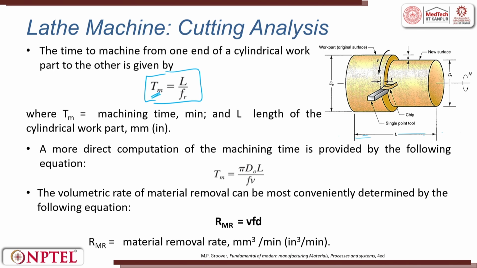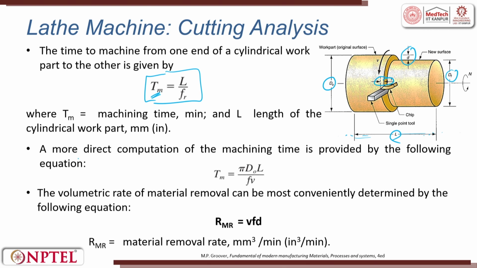If you see here d naught, df, and this is L. So, the time required for machining will be the length of cut divided by the feed rate Fr.